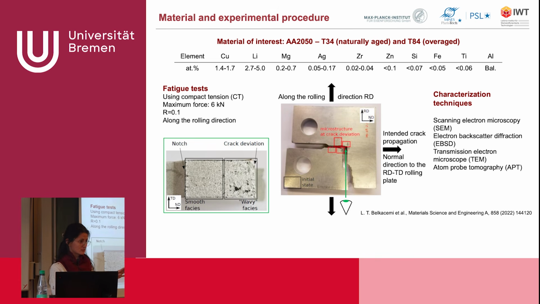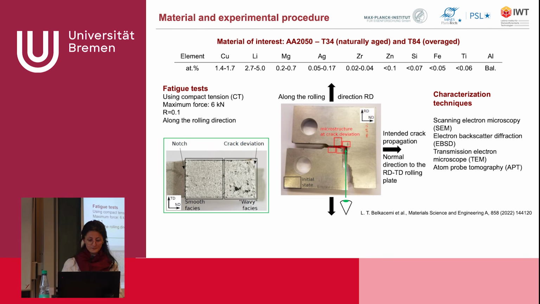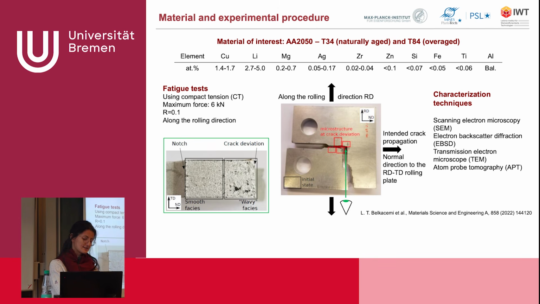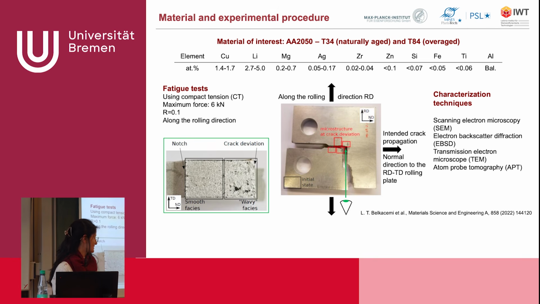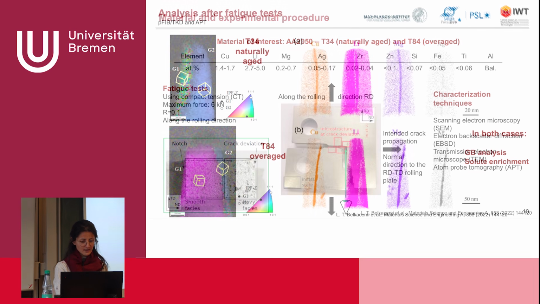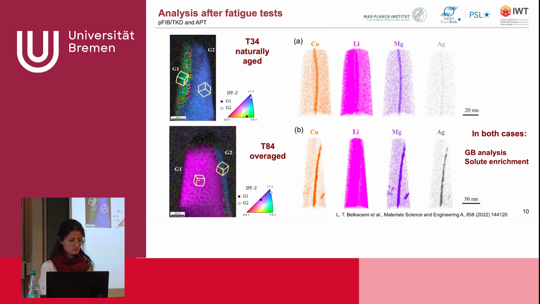We have absolutely no precipitates. And combining these data with the type of grain boundary, with the misorientation angle, we could still not really understand what really induced this bifurcation. And that's why we performed atom probe tomography analysis here.